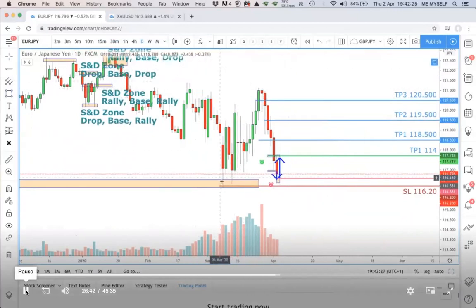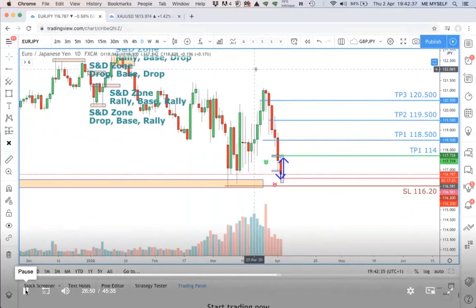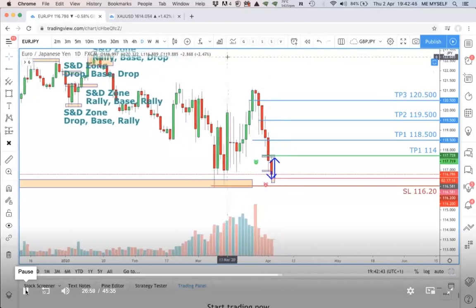Similar to here where we see these wicks down here, they are supply and demand zones on smaller time frames. This is the daily. It's always good to look at your daily chart. So we could check out something else. Let's check out our USD JPY.